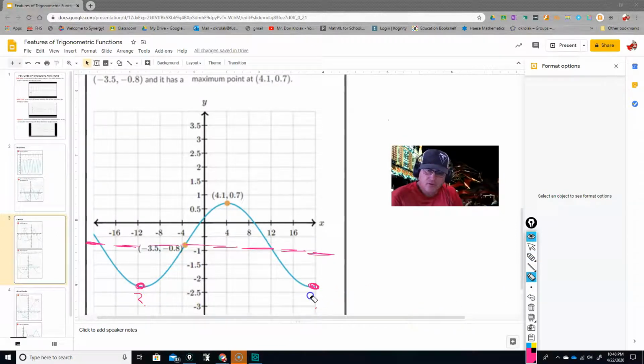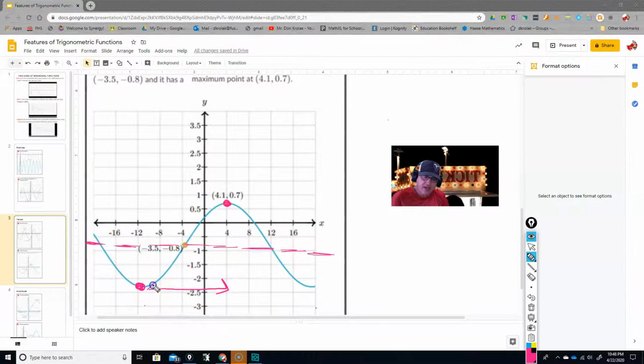All right, so in order for us to get the period, I know that if I can get a high point and a low point, then that would be half my period. So the interval between these two is half the period. Now, where it intersects the midline, that distance is a quarter of the period. It's half of this half, which is a quarter.